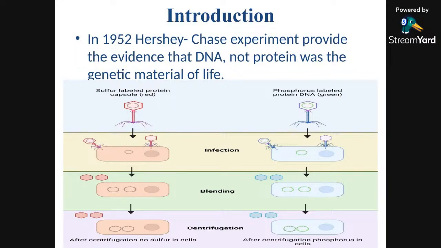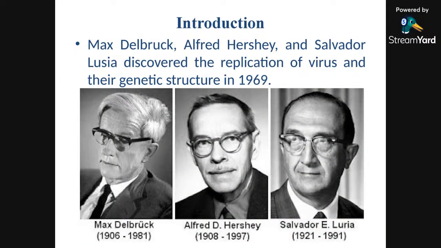This makes them ideal for determining which molecules carry the genetic information. In 1969, Max Delbruck, Alfred Hershey, and Salvador Luria were awarded the Nobel Prize in Medicine for their discoveries on the replication of viruses and their genetic structure.